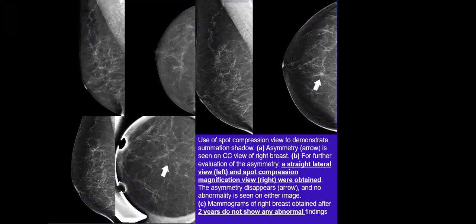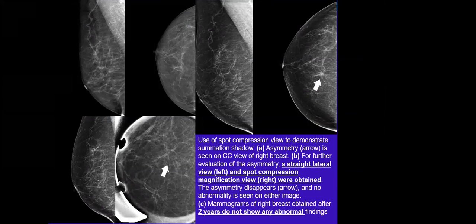Okay, so this is an example here. This represents a focal asymmetry. What we have to do is compression and other views.